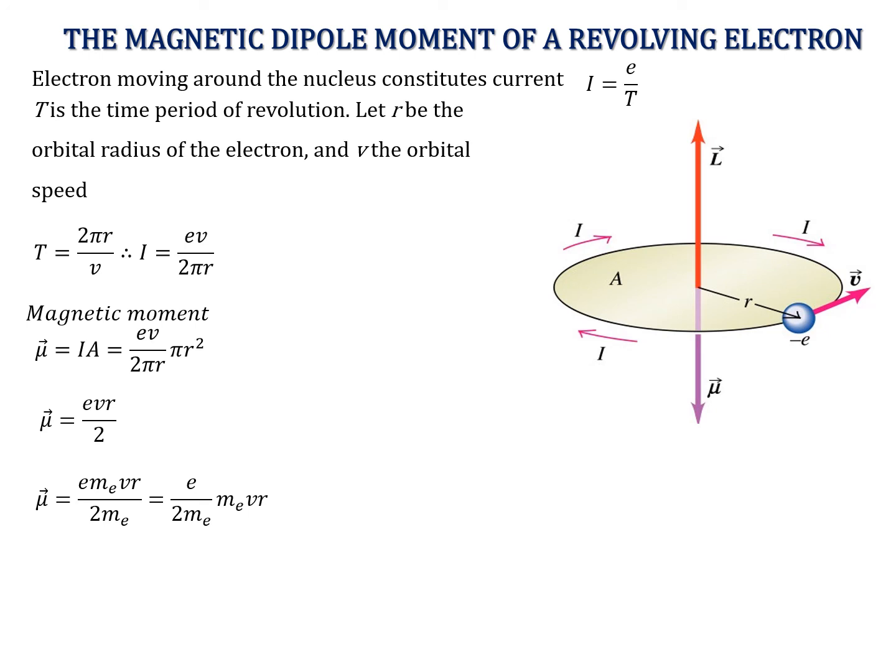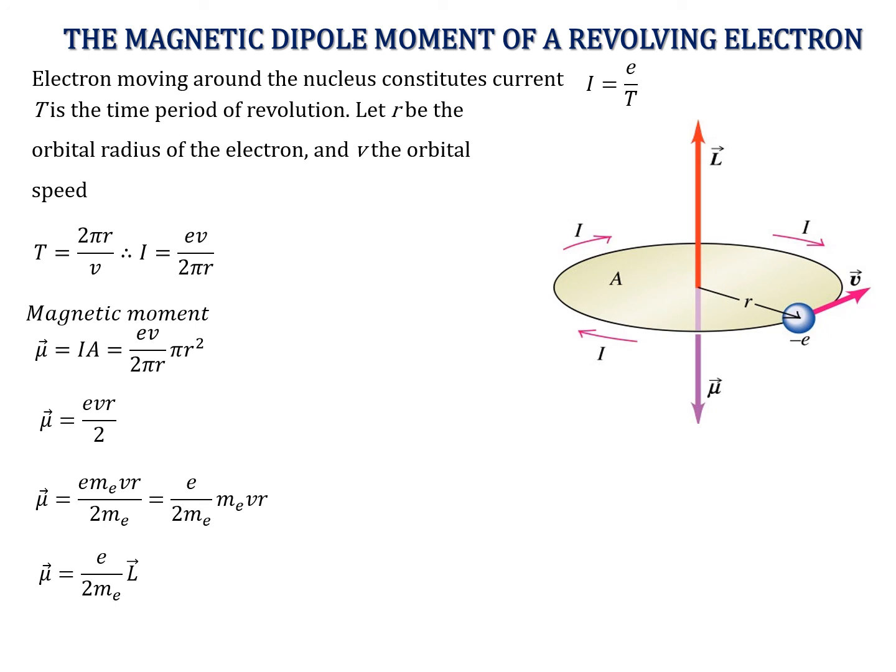So momentum into perpendicular distance from the axis of rotation is angular momentum. Angular momentum vector is pointing normally upwards. So the result is mu is equals to e upon 2me into the angular momentum vector L.